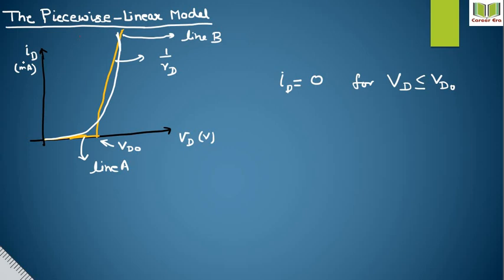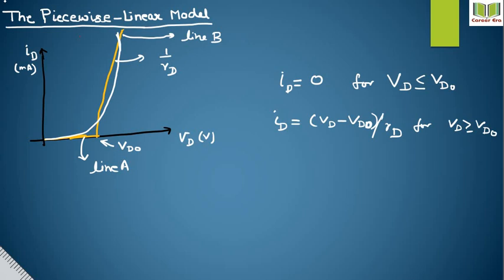Next, the current along line B is ID equal to (VD minus VD naught) upon RD, for VD greater than or equal to VD naught.